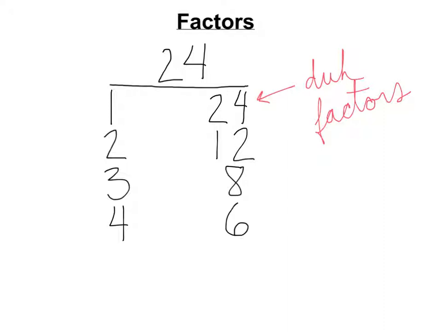Keep counting. We're skipping 5. 6. But notice 6 is already over here on the other side. Once I count up from one side to the other, I know I'm done. So I have found all of the whole number factors of 24.